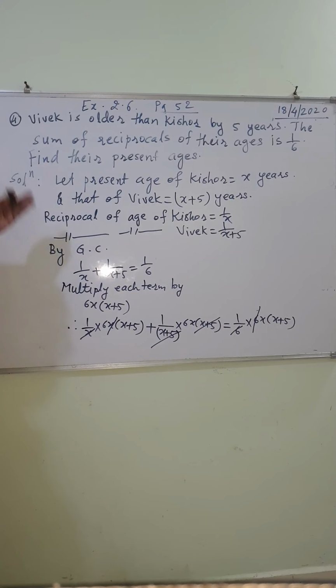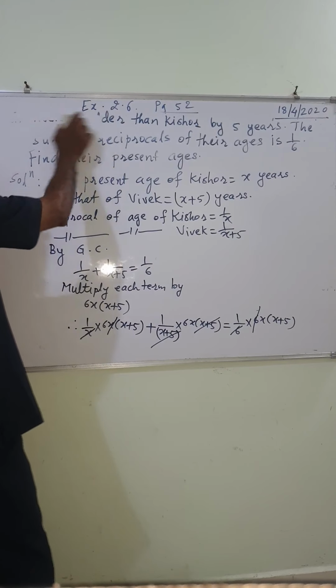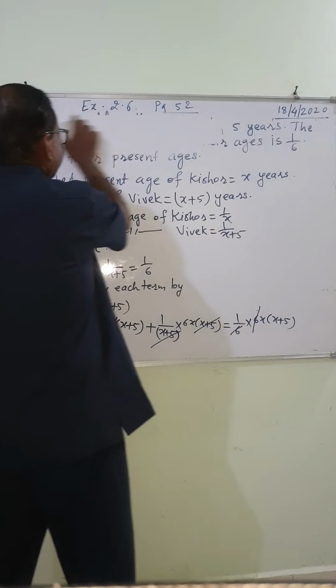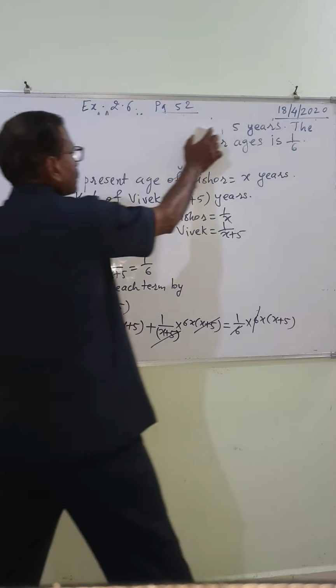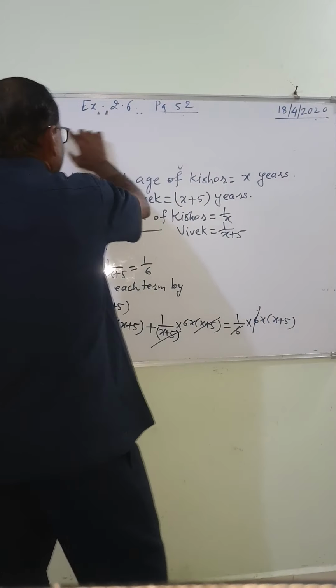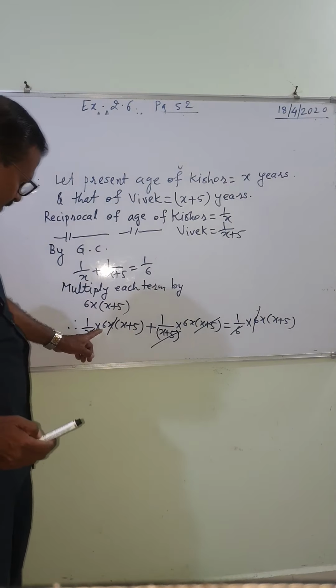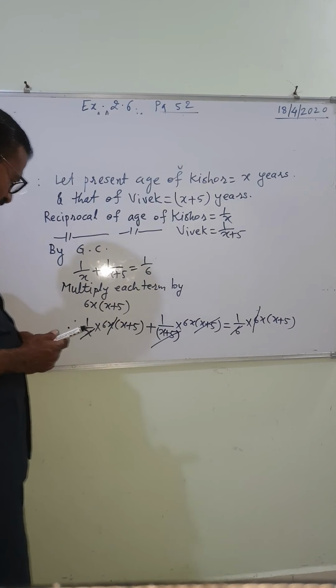So now I have to rub the board to complete the remaining part. Now whatever is remaining, that I will write. Here this 6 is remaining and x plus 5 is remaining.